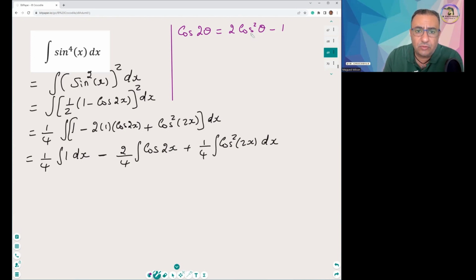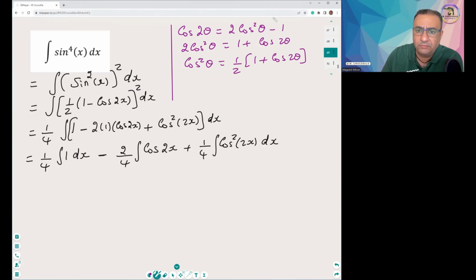So cosine 2 theta is equal to 2 cosine squared theta minus 1, meaning that 2 cosine squared theta is going to be 1 plus cosine 2 theta. I'll just bring this minus 1 to that side. So then cosine squared theta is going to be 1/2 multiplied by 1 plus cosine 2 theta.